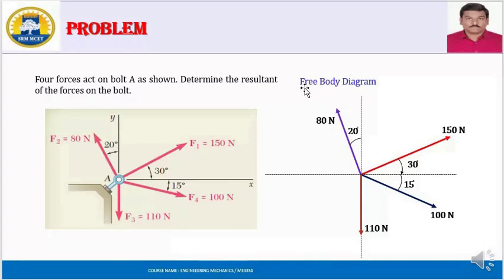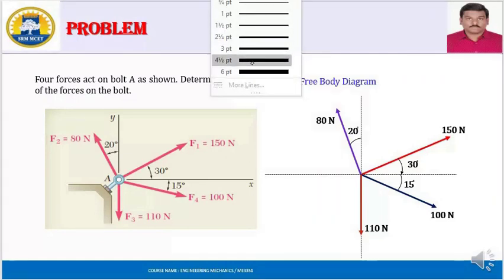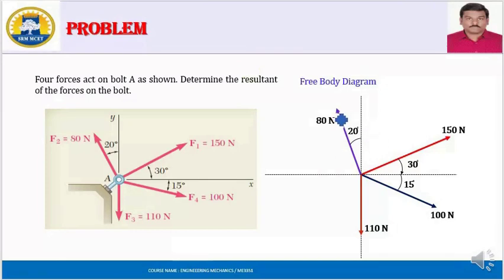First we draw the free body diagram. In the free body diagram, you mention only the forces. No need to draw the bolt. The four forces F1, F2, F3, F4 act at the corresponding angles of 30 degree, 20 degree, 50 degree in the axes.